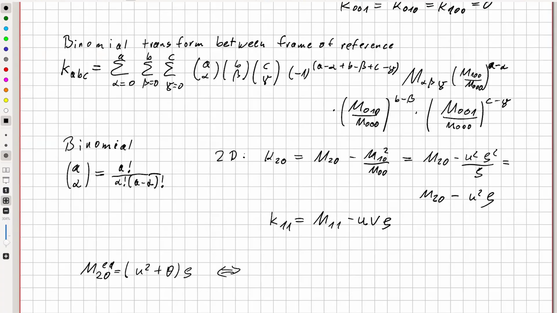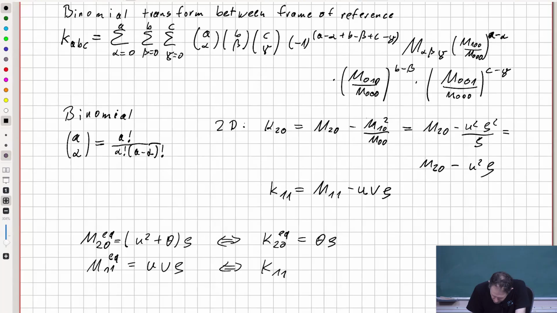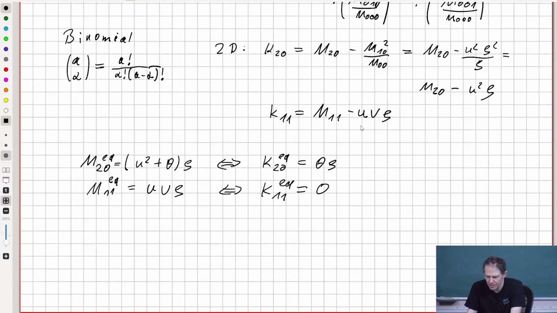This is equivalent to saying that K20 equilibrium is equal to theta times rho, and m11 equilibrium being u v rho is equivalent to saying that K11 equilibrium is 0. Sorry for my bad handwriting. Okay, so this is what you've already determined yesterday.